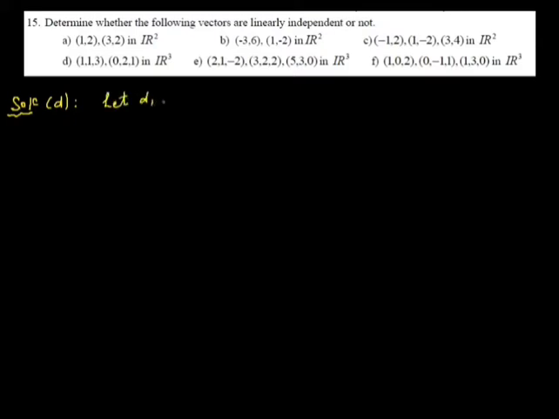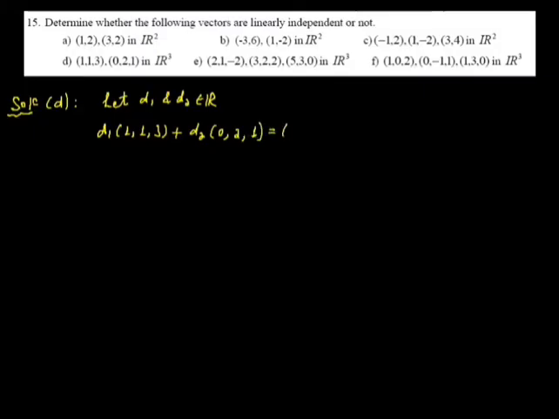d1 and d2 are two numbers. Let's see the linear combination: d1 times (1, 1, 3) plus d2 times (0, 2, 1).